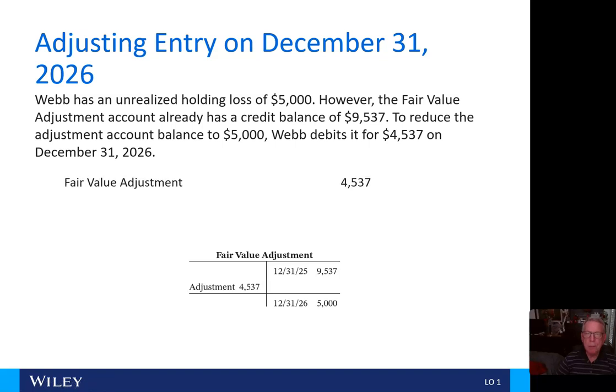Okay. And so we debit fair value adjustment for $4,537 and credit unrealized holding gain or loss, equity, for $4,537.